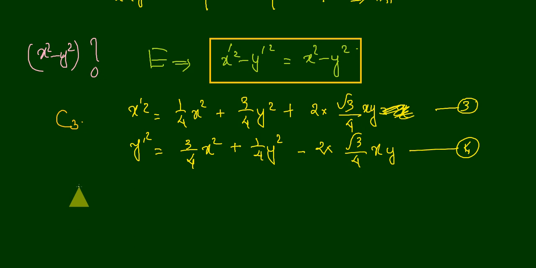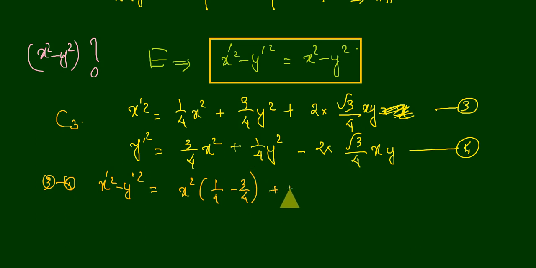So 3 minus 4, that is x dash square minus y dash square is equal to 1 by 4 x square minus 3 by 4 x square, or x square into 1 by 4 minus 3 by 4, plus y square into 3 by 4 minus 1 by 4, okay, plus 2 into root 3 by 4 xy minus 2 into root 3 by 4 xy.